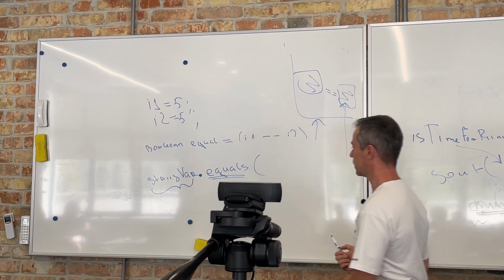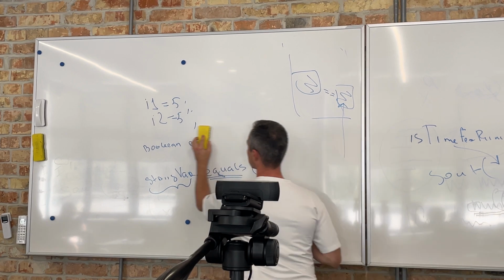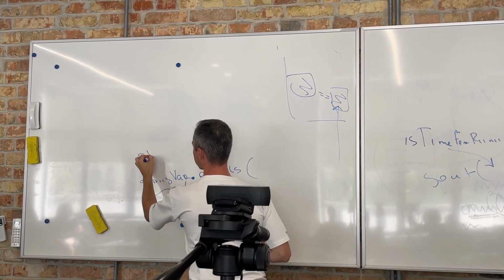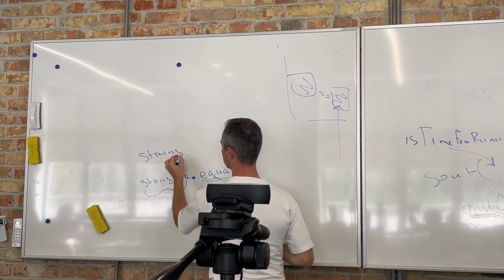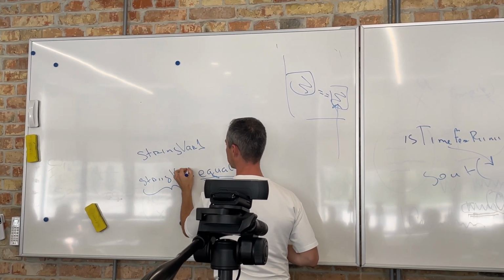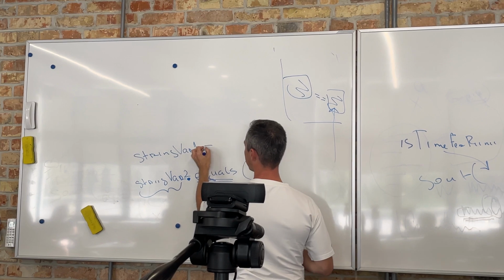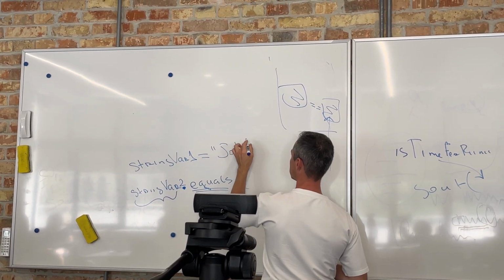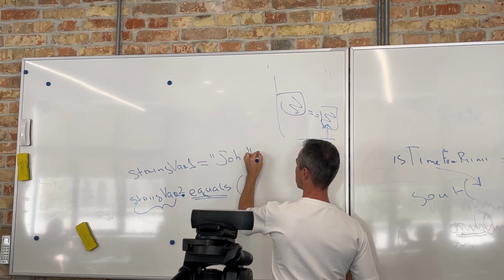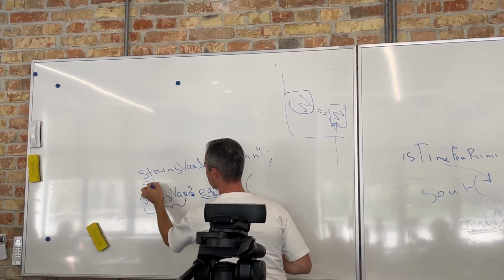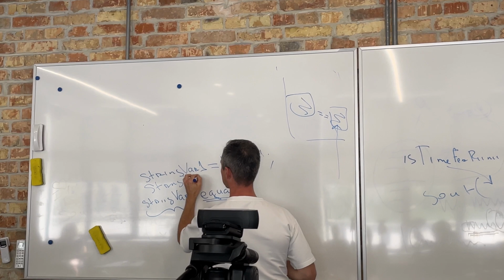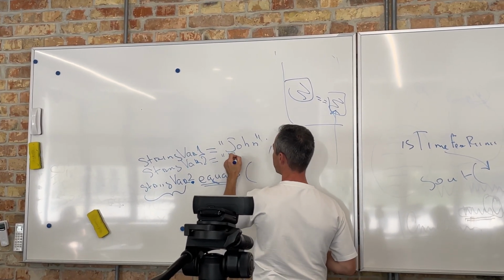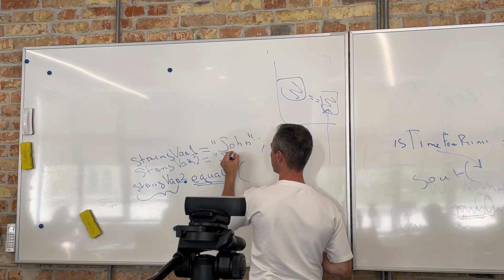But guys, try hard to understand that. For example, I have another string. Let it be string variable 1 and string variable 2. String variable 1 is John. And string variable 2, for example, is John without H, with a typo, Jon.